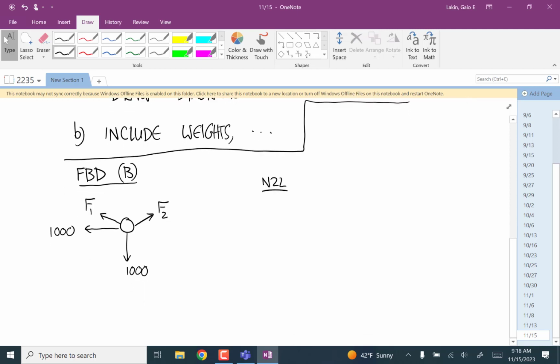So Newton's second law says the unit vector for that force F1 is negative 0.866, positive 0.5. That's like cosine and sine of 150 degrees. Unit vector for F2 is positive 0.866, positive 0.5.